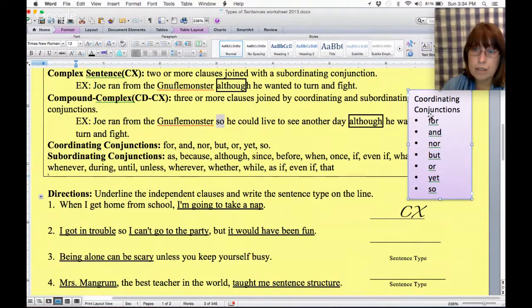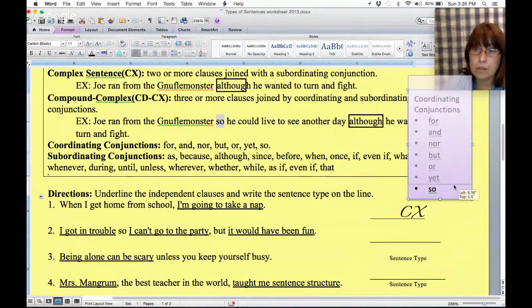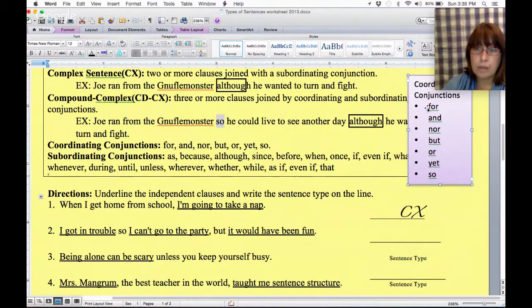If you start a sentence with and or but or so, you're leaving off part of the sentence. You're leaving off the front part of the sentence. So keeping that in mind, you can just take a moment right now if you want and jot that down in the margin, just so you can see it, though they are listed right here for you. They're just not in the list that you can see, the fanboy.